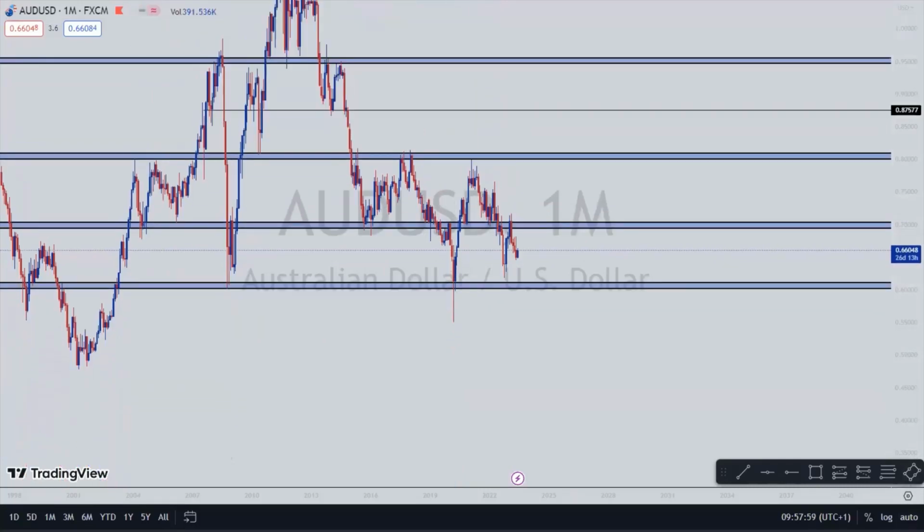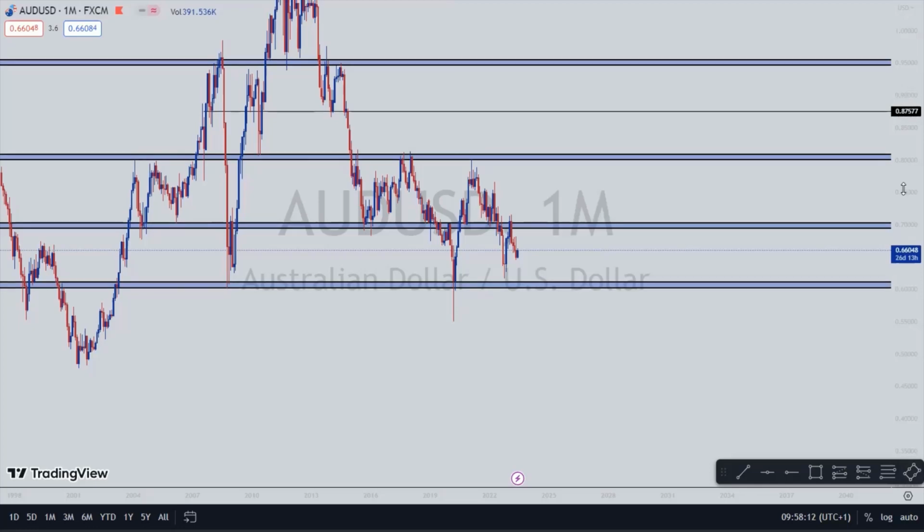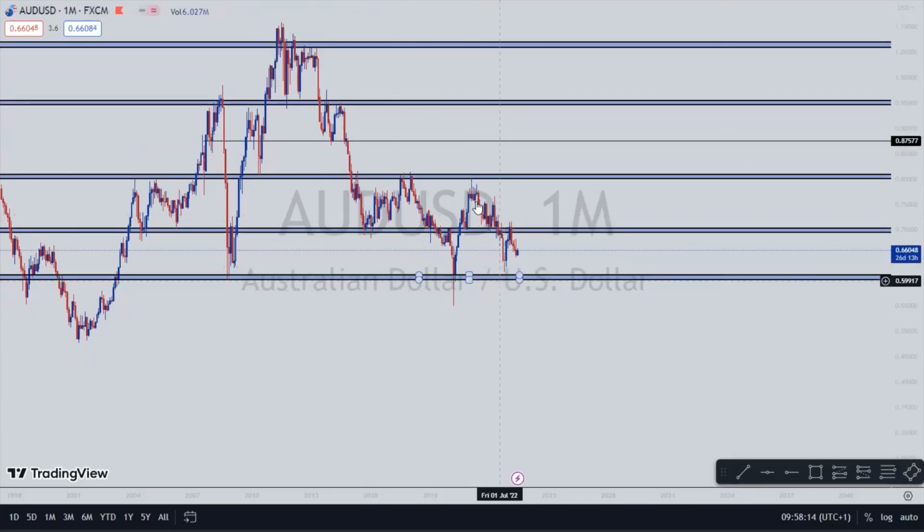Generally, what you want to do on the monthly time frame is to know the direction of the flow of the market. That's if your market is going down or it's going up. And from here, you can see that recent price action, this market has been going down. So let me try and see this trend line that forms up here.